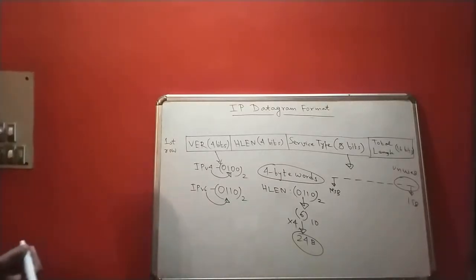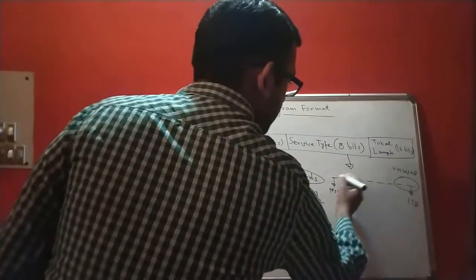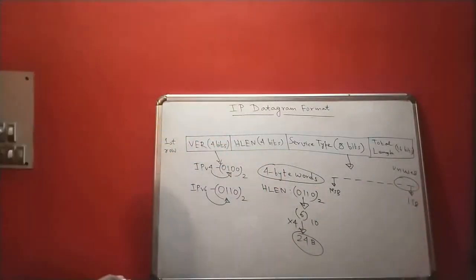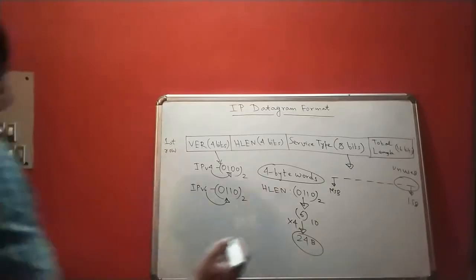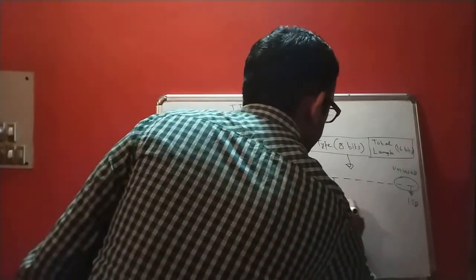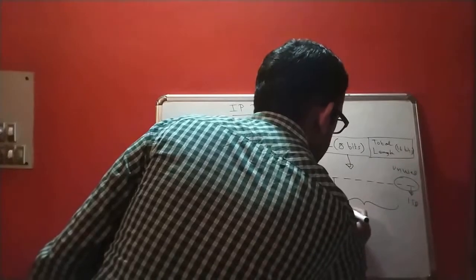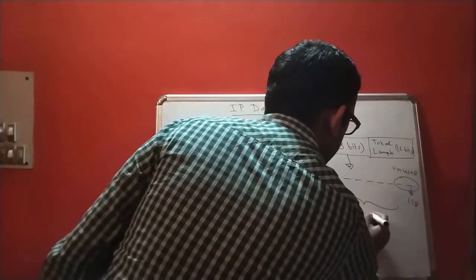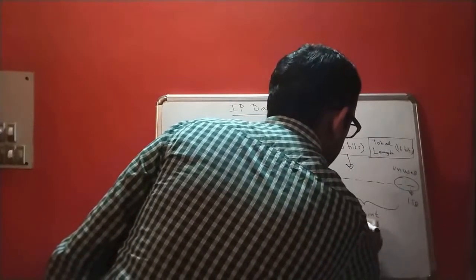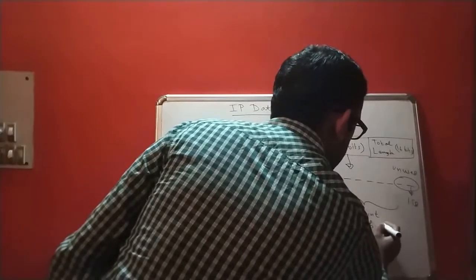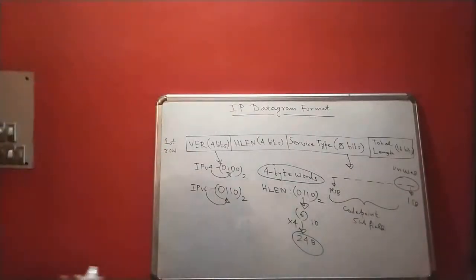The first 6 bits from the MSB act as the code point subfield. Now the code point subfield is used in one of two ways.